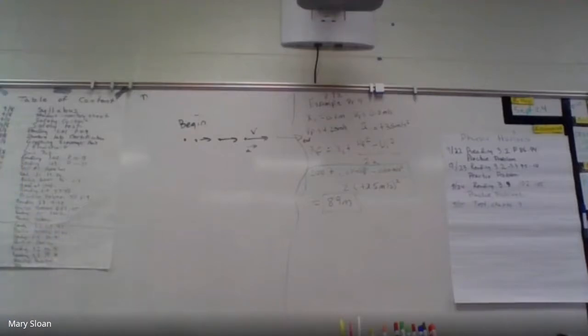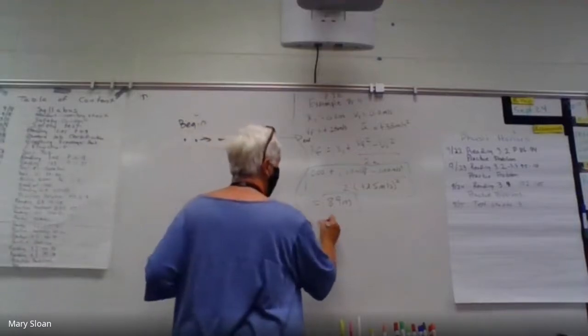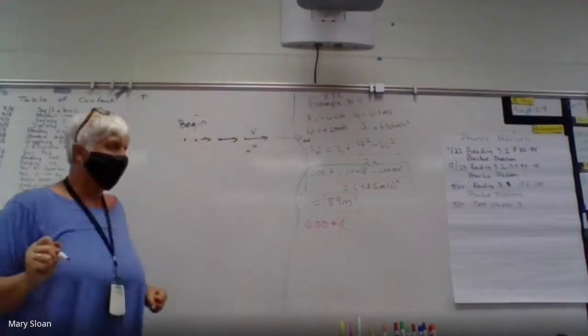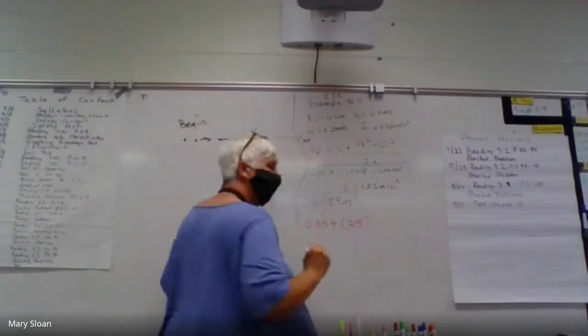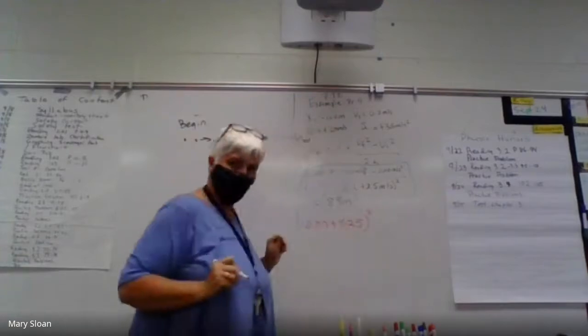All right. Now that you have it, type in what's on the top. So you're going to do 0.00 plus, you're going to open your bracket, you're going to do 25, you're going to close your bracket, and you're going to use the square key.